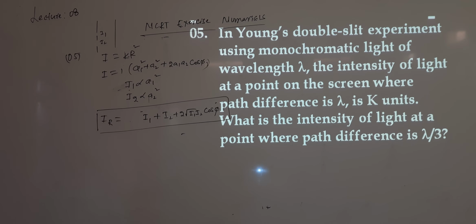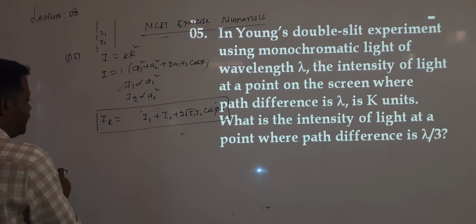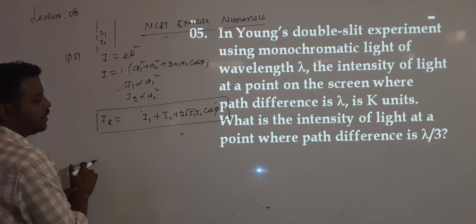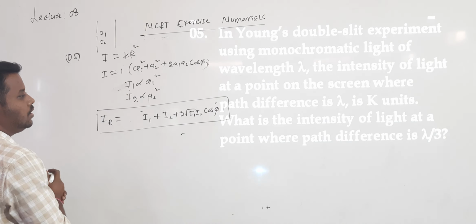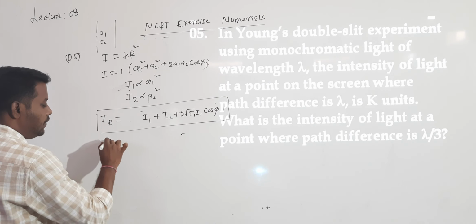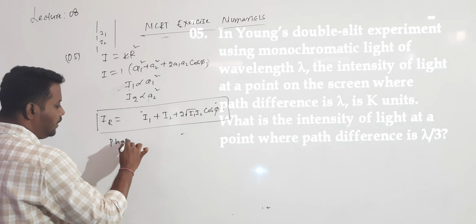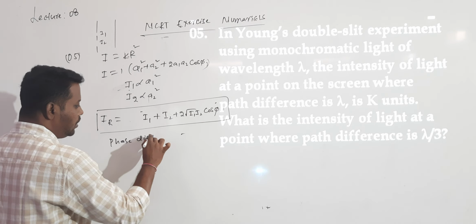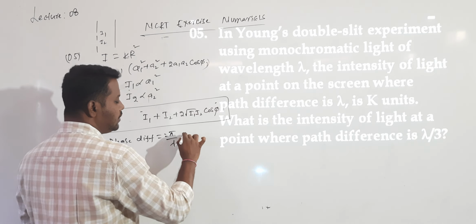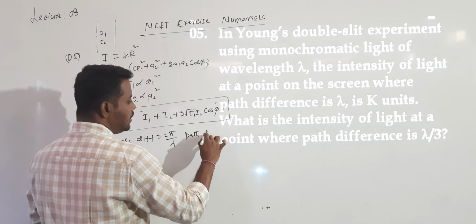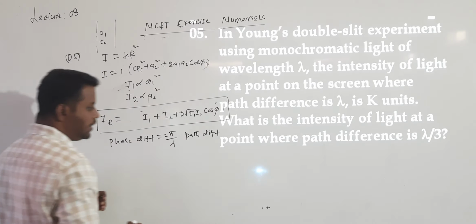That is what we need now. What is the relation? Phase difference is equal to 2 pi by lambda into path difference. This is the relation between phase difference and path difference.